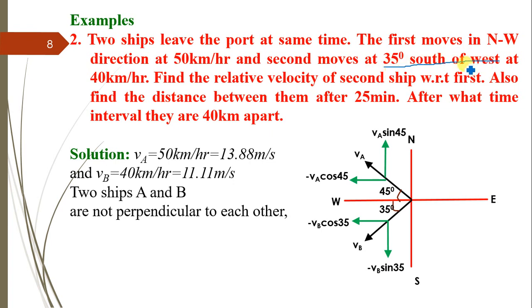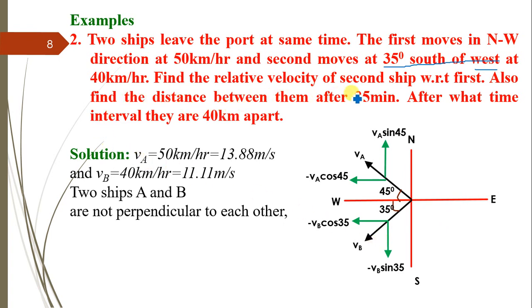If it is written like 40 degrees west of south, then we mark the angle with respect to the south direction. As it is given 35 degrees south of west, the angle is marked with respect to the west direction at 35 degrees, and the speed is given as 40 km per hour.